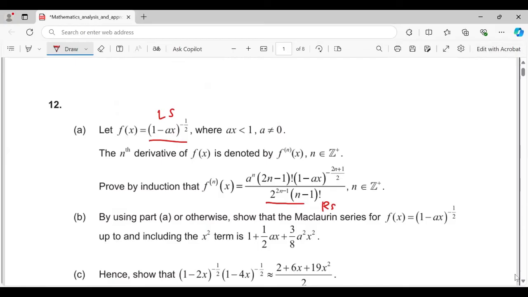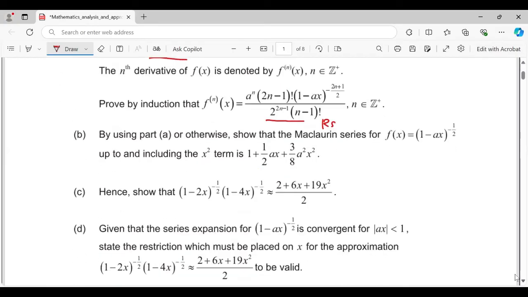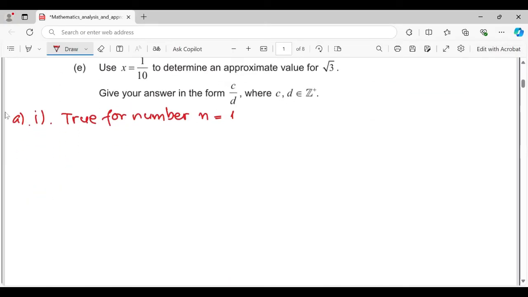Okay, so for the left side, f(x) is equal to 1 minus ax to the power minus half.